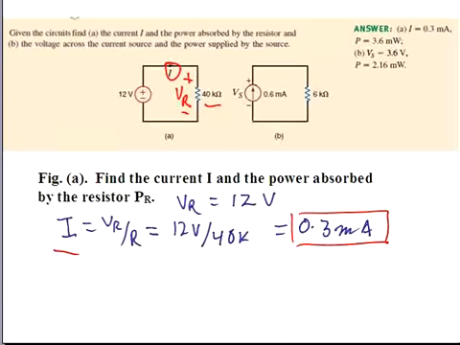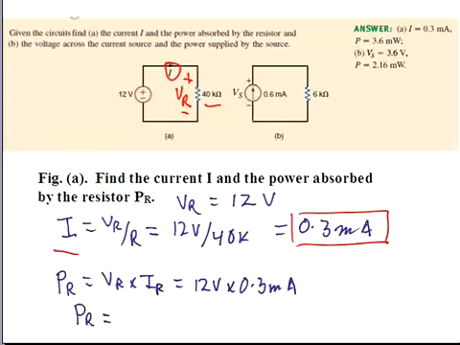Now we're asked to determine the value of the power dissipated or absorbed in the resistor. So P sub R in one form would be V sub R times I sub R, which is 12 volts times 0.3 of a milliamp, or P sub R is equal to 3.6 milliwatts.